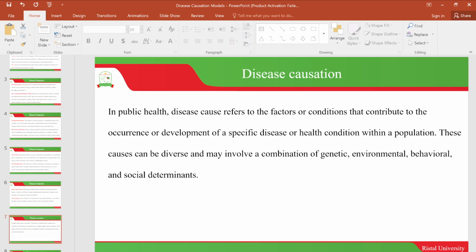So for us in public health, we recognize that diseases do not necessarily have one contributing factor. Diseases are caused by multiple factors. Many factors come into play to cause a particular disease.